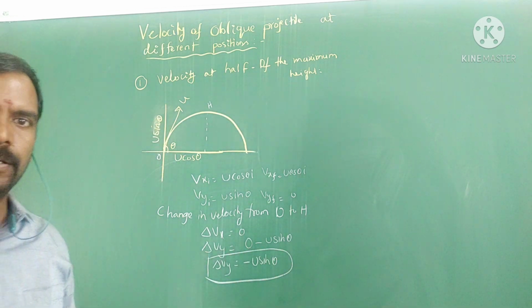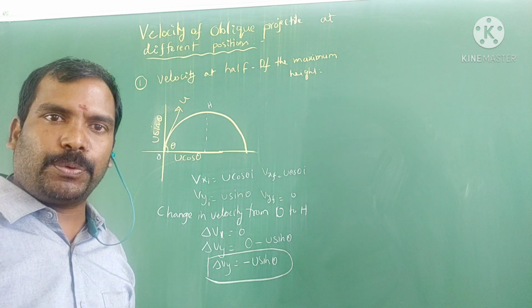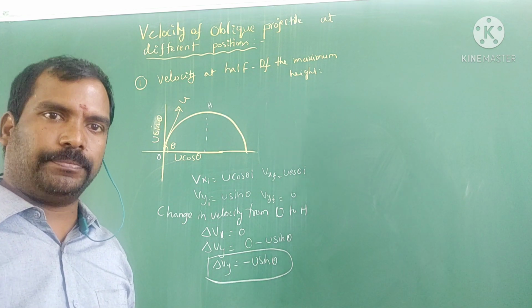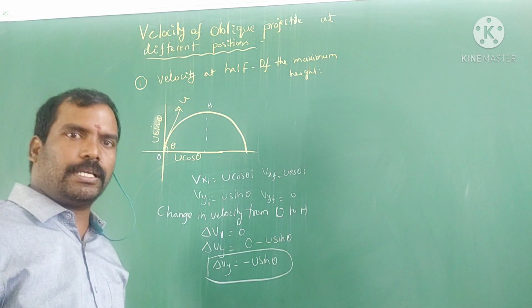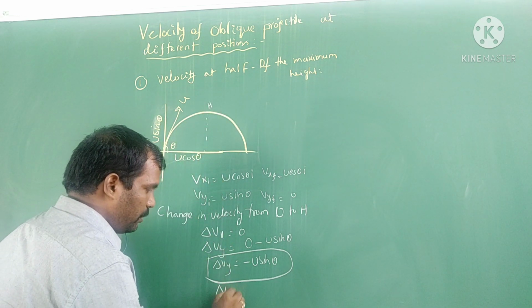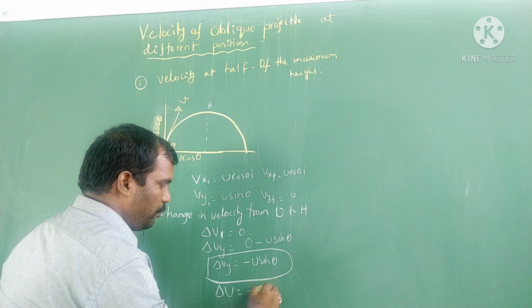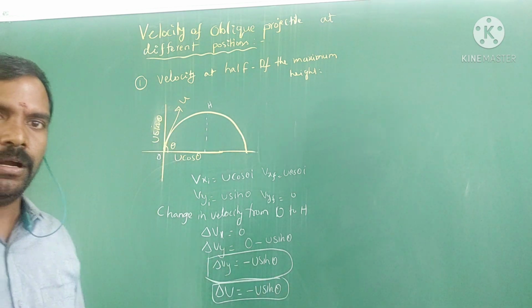The change in the x-axis is 0. Therefore, the total change in velocity from O to H is delta V equal to minus u sin theta. This is the change in velocity.